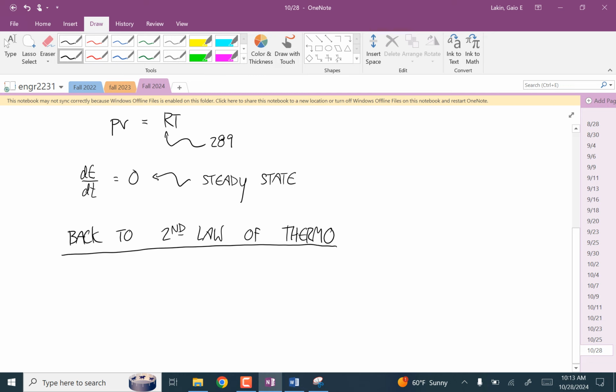But last time we talked about the Kelvin-Planck statement, and this gave us some measures for efficiency and ideal efficiency for power cycle, refrigeration cycle, and heat pump cycles.